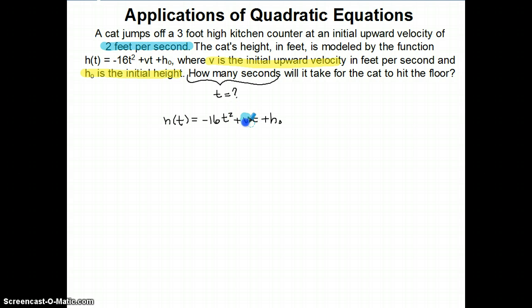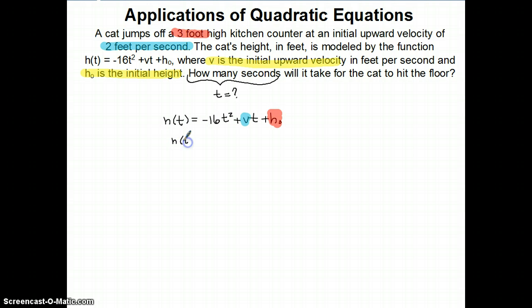So that's going to be plugged in right there for v. Also, it tells us that the cat jumps off a 3-foot high kitchen counter. So that's our initial height. So I'm going to go ahead and plug these in.